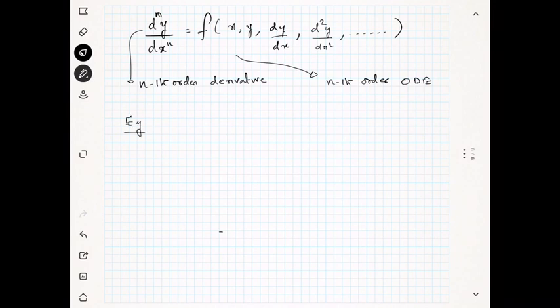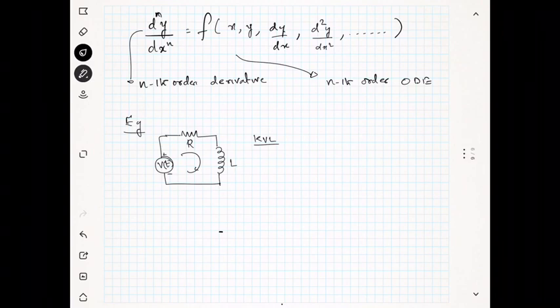Consider a circuit like this, with a resistor, an inductor, and a voltage source, let's say V of t. We can take a loop here and write Kirchhoff's voltage law, the KVL. Assume this is positive and negative.